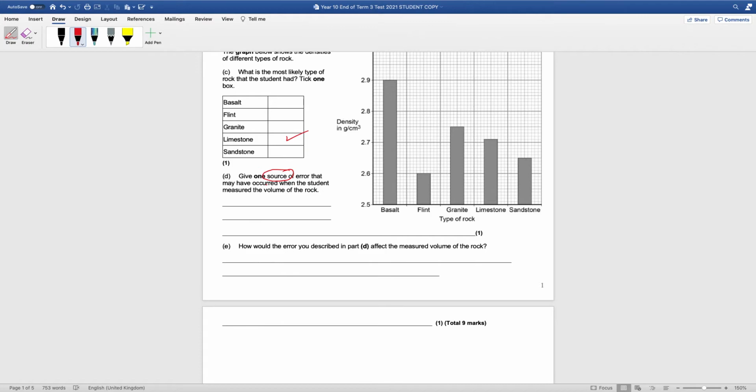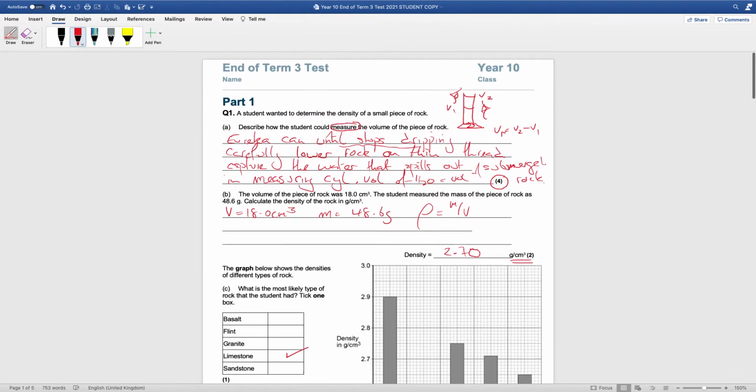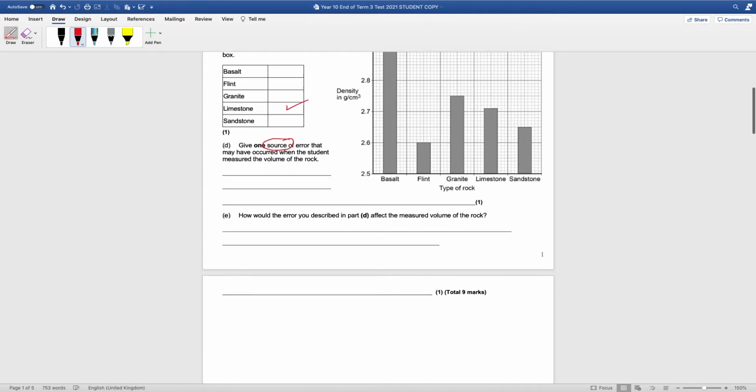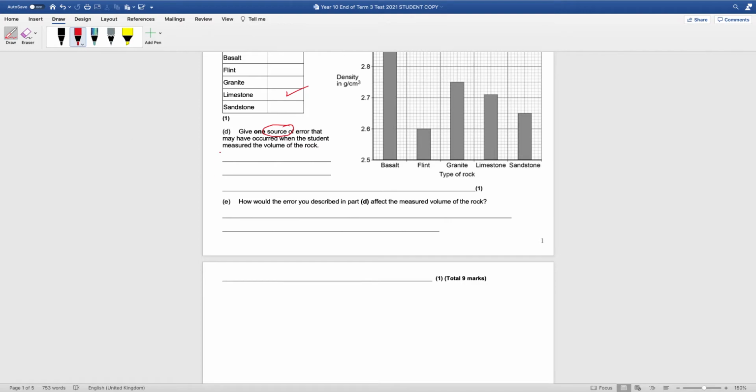Well, if you talked about getting your eye level with the meniscus up here, if they didn't do that, that would be a source of error. The position of the eye around the meniscus. If your Eureka can was not absolutely full to overflowing, if you didn't overfill it and then wait until the spout stopped dripping, then that would be a source of error.